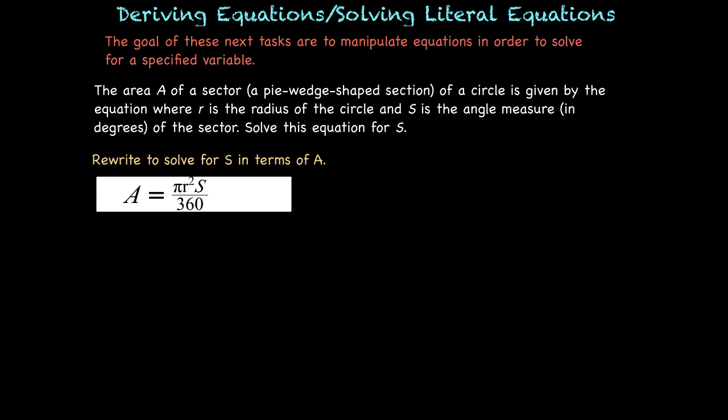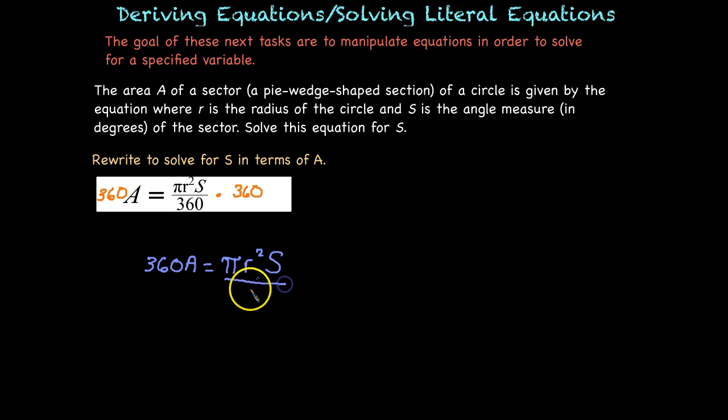First step is to move the 360 out of the denominator, which means we would multiply both sides by 360 since it's being divided in the equation. So we end up with 360a is now equal to pi r squared s. Okay, we're solving for s, so we just need to move the pi and the r squared over.